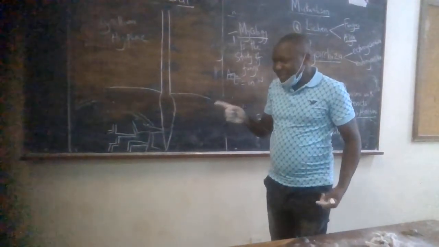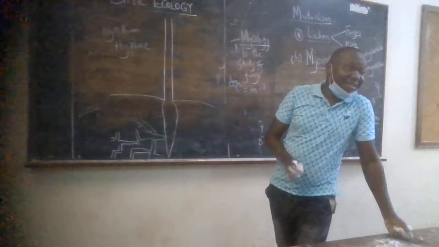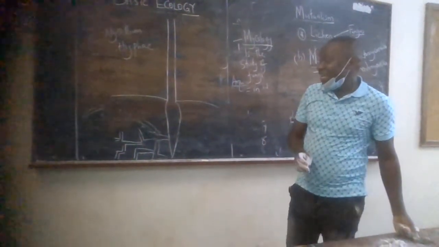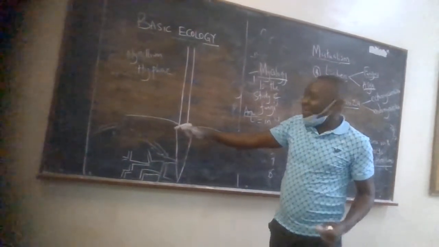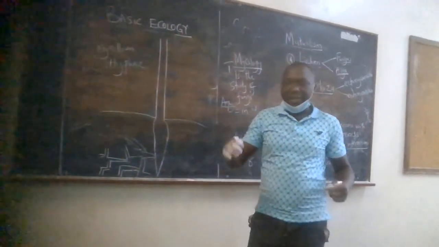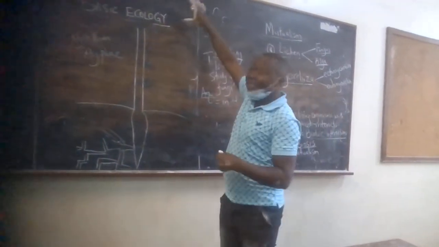Now, the tree is also photosynthetic. Through the root, because we have what we call the source and the sink, the leaves are the source.